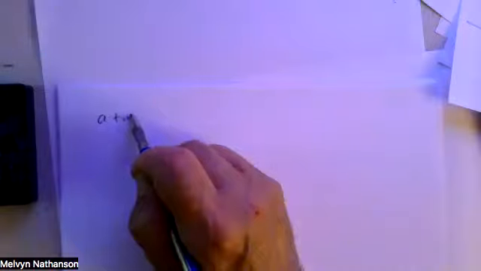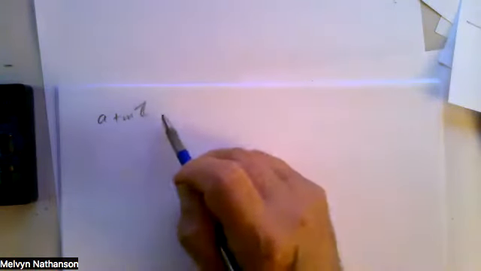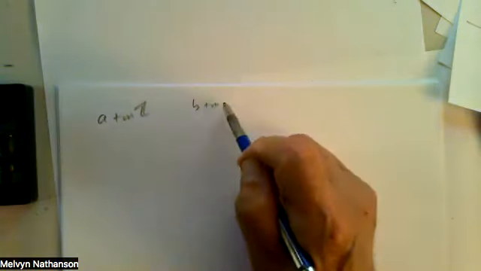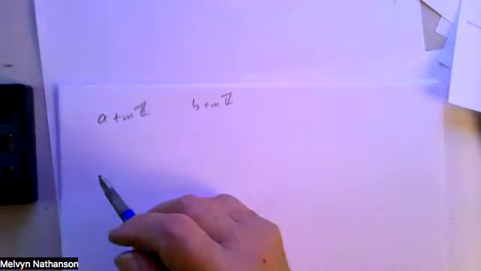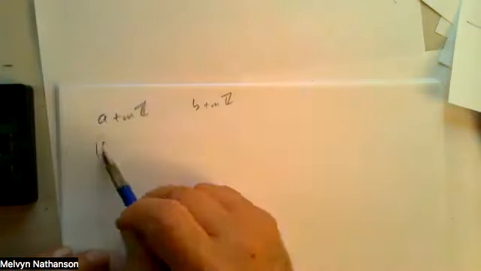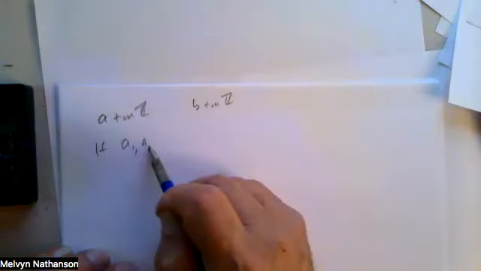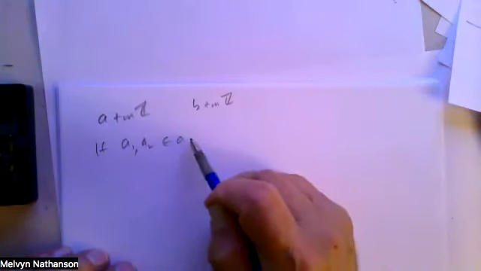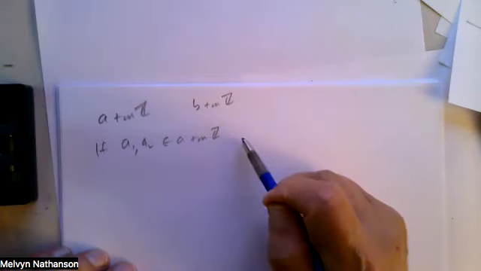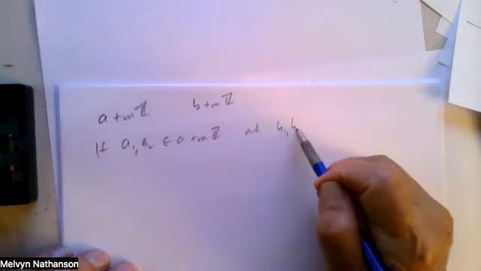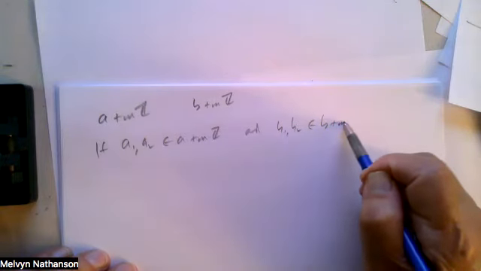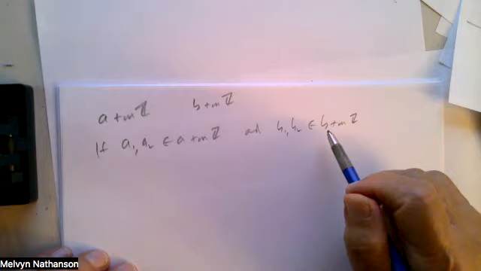Suppose we have the congruence class A plus MZ and the congruence class B plus MZ. So suppose A1 and A2 are in the congruence class A plus MZ, and B1 and B2 are in the congruence class B plus MZ.